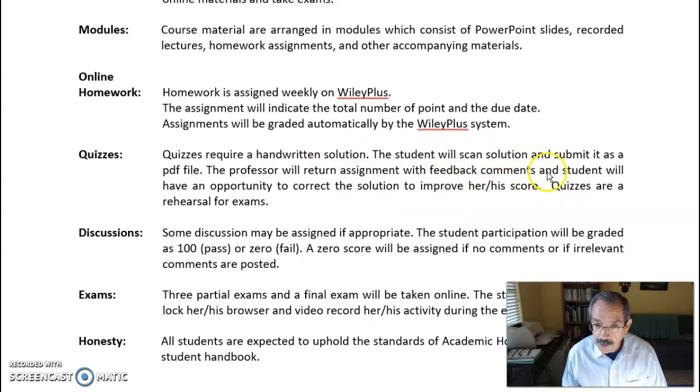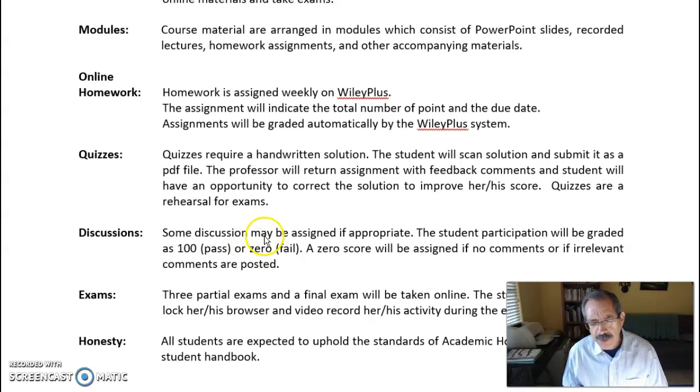More importantly, this will be a chance for you to understand how to solve the problem, because the exam problems will be just like the quiz problems. Not exactly the same problem, but very similar.